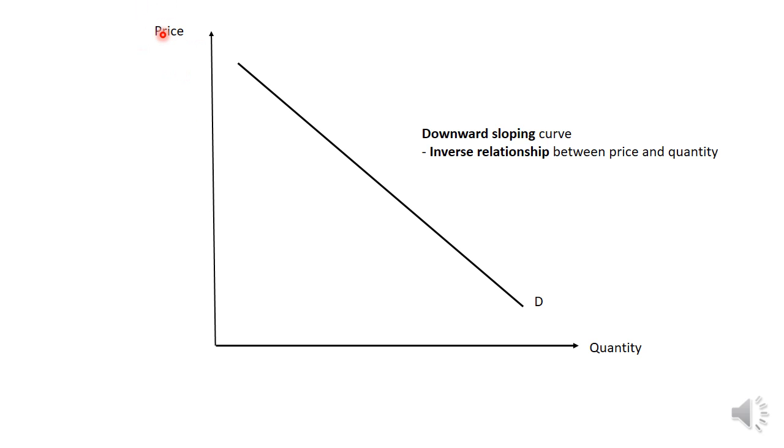Cheaper, we buy more, so opposite. Expensive, the price goes up, we buy less. So this is what we mean by an inverse relationship. So this kind of downward sloping curve will reflect an inverse relationship between the two measurements. In this case, it will be the price and quantity.